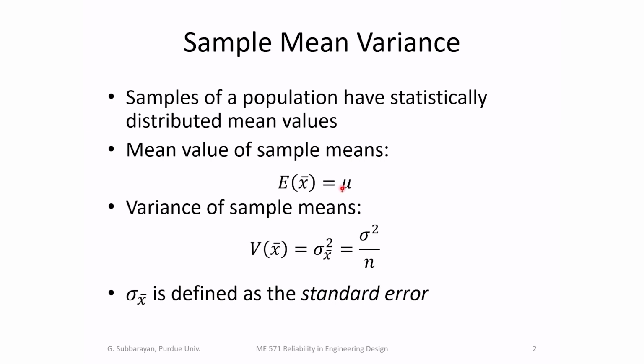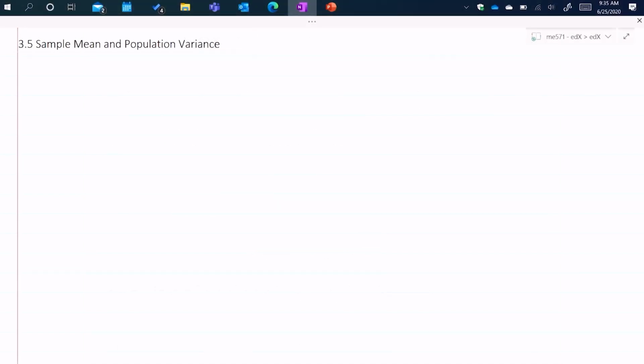So let's go through and derive this. It's a fairly simple derivation. What we want is, we know that x bar is defined, let's assume equal probability of my observations, as 1 over n summation over i going from 1 to n of xi.